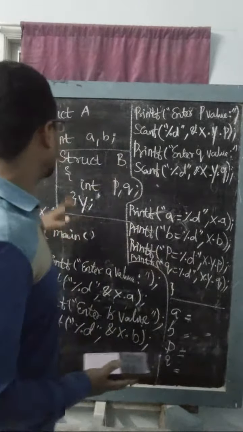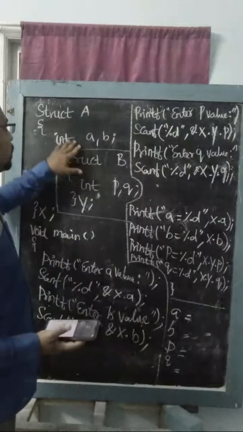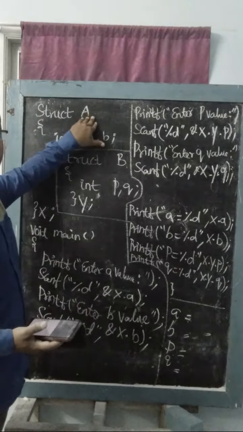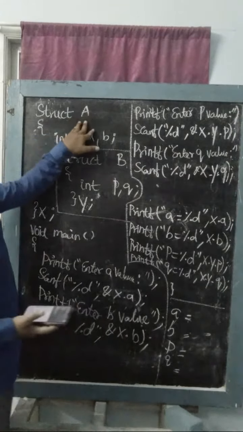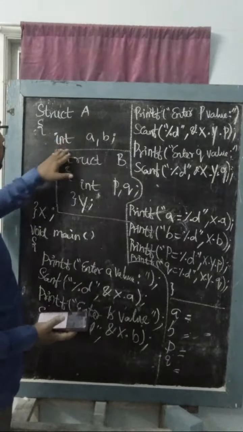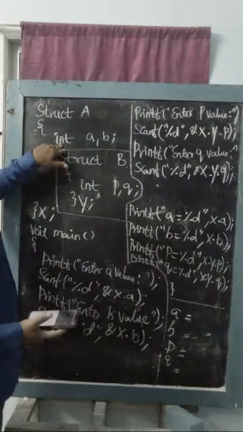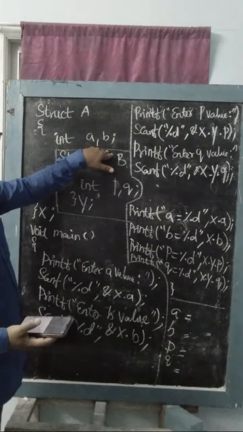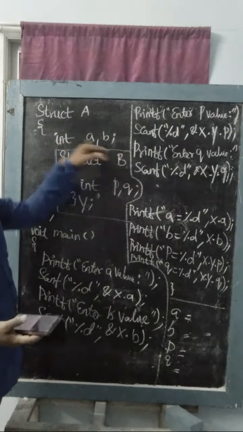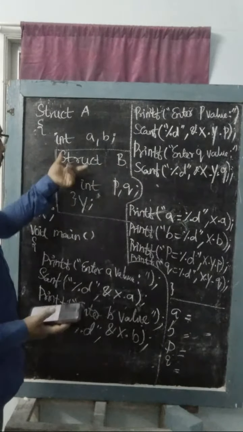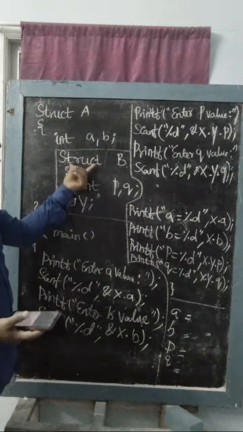For example, struct employee. I'm just giving an example. Struct employee, integer employee ID, character employee name. Within a structure, you just use struct emp.